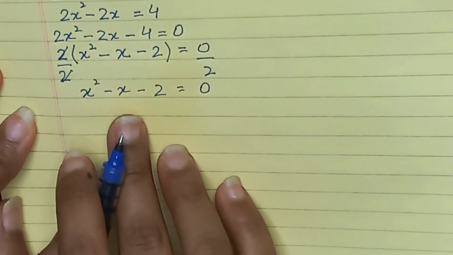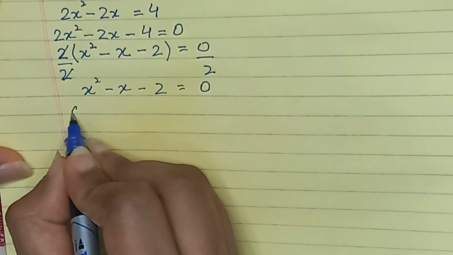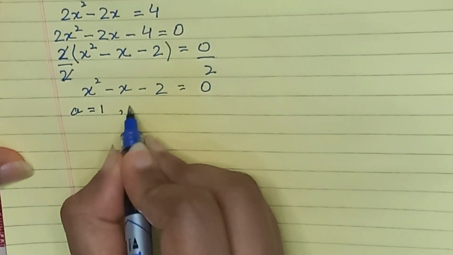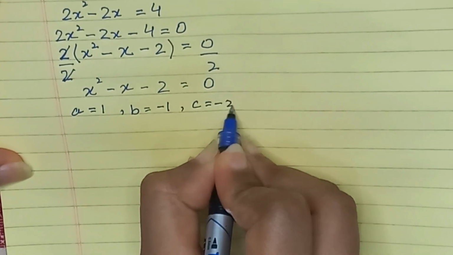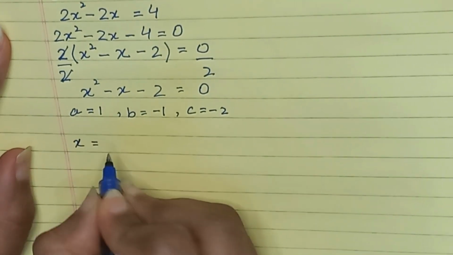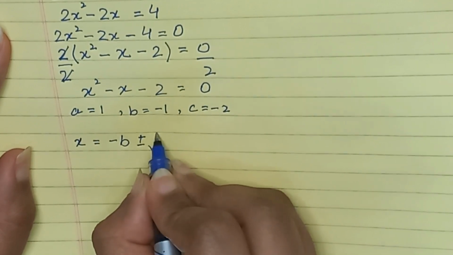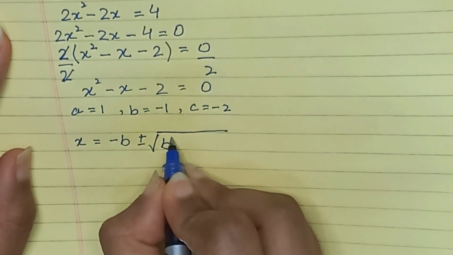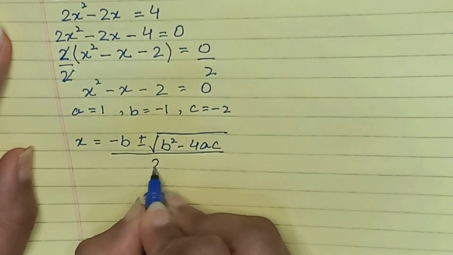Now here we have a quadratic equation, and here we have a is equal to 1, b is equal to minus 1, and c is equal to minus 2. And the quadratic formula is x is equal to minus b plus minus square root of b squared minus 4ac divided by 2a.